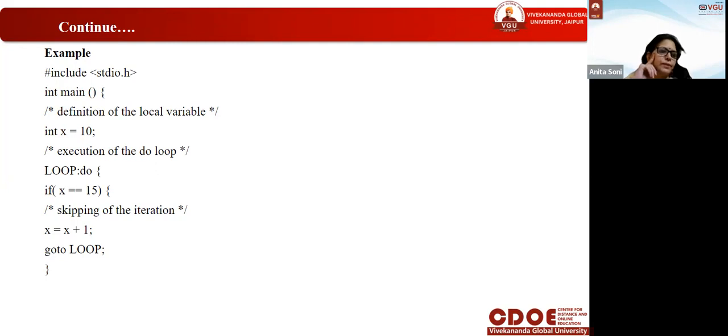It will test here 11, 12, 13, 14. So when x becomes 15, you can use anything if you want to skip the condition, or you can use the continue statement also. With goto loop, the control will jump to the label loop. In front of the label, you have used the do statement.